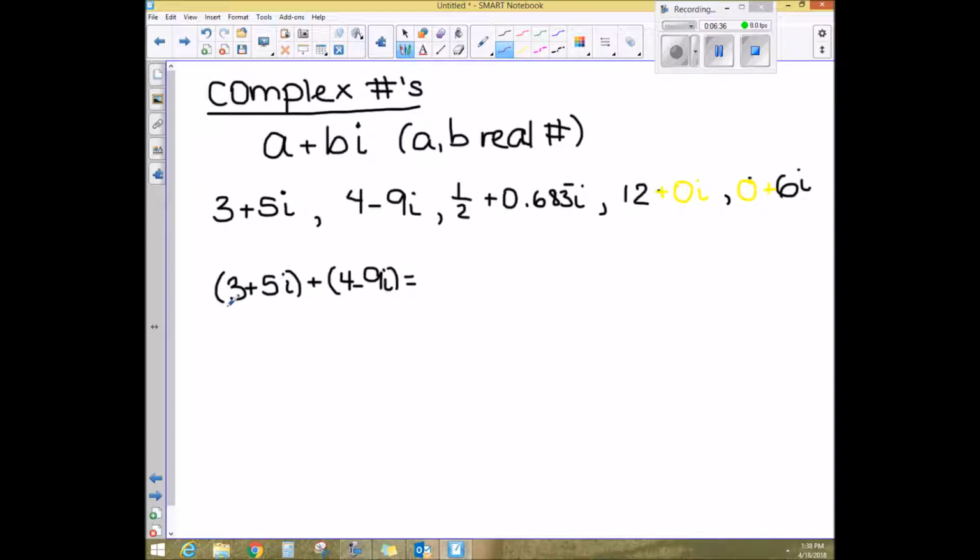Just like last class and the period before, with addition and subtraction, we can only combine terms when they're like terms. Meaning I can put the real parts together and say 3 plus 4 is equal to 7. And then I can look and say, well, 5i minus 9i, those are like terms. And 5 minus 9 is negative 4i.